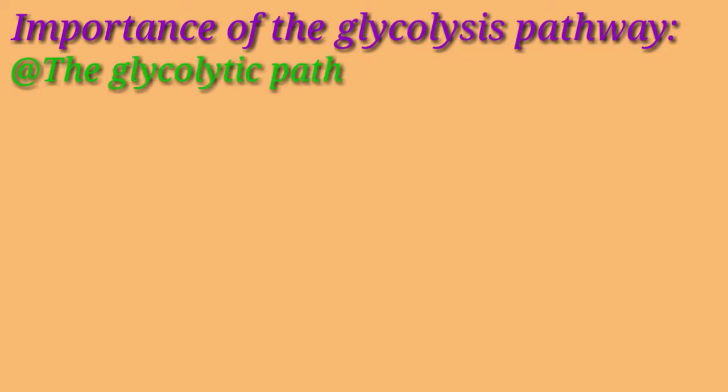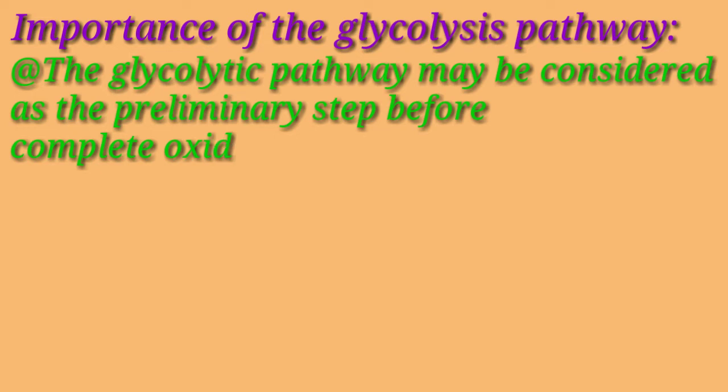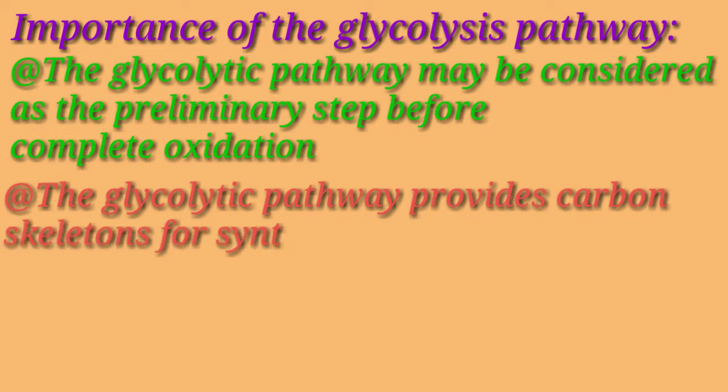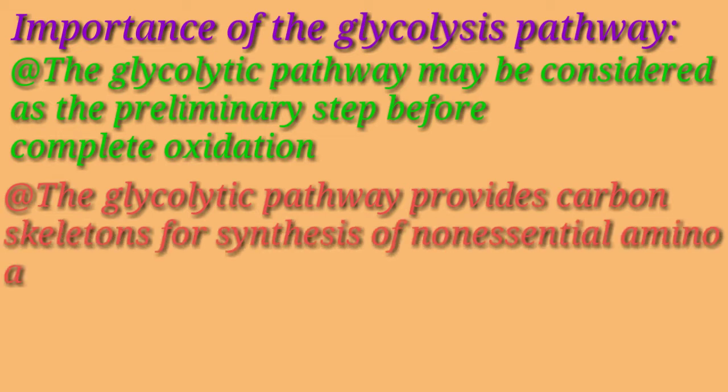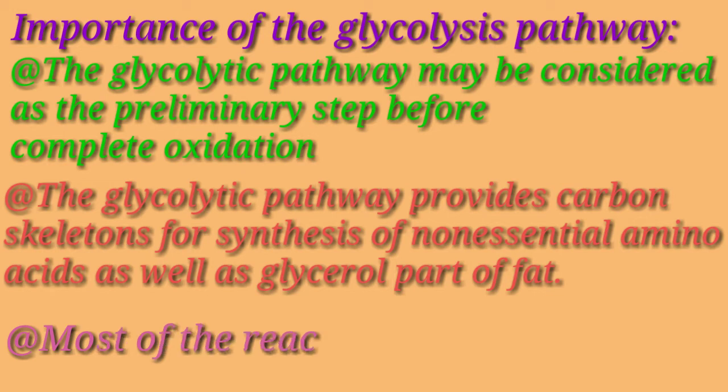The glycolytic pathway may be considered a preliminary step before complete oxidation. The glycolytic pathway provides the carbon skeleton for synthesis of non-essential amino acids as well as the glycerol part of fat, and most of the reactions are reversible.